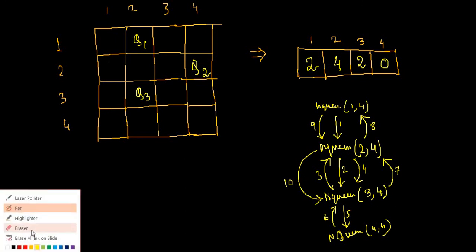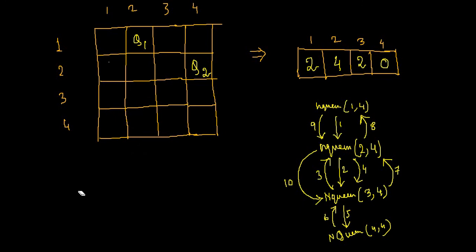As if queen 3 is not here, rather the king is searching for a position for queen 3 for which there will be no collision, right?